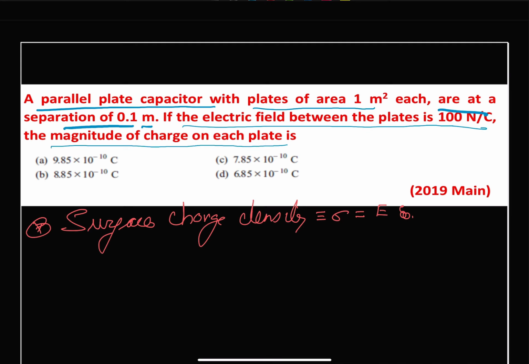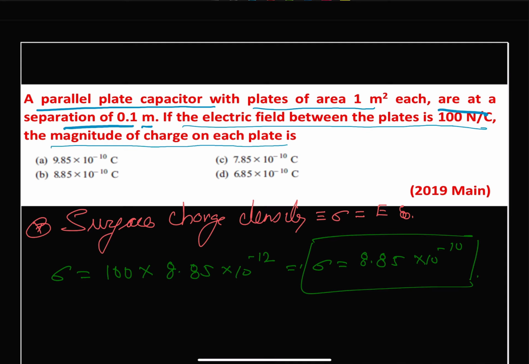Value of electric field is given to us, so we can say our sigma is equal to 100 times epsilon naught. Epsilon naught is a standard value. We know that its value is 8.85 into 10 to the power minus 12. So this gives that the value of sigma is 8.85 into 10 to the power minus 10. So we are able to find out the surface charge density.